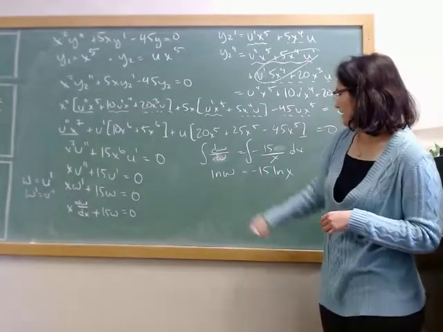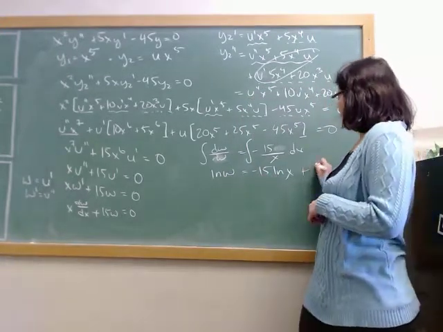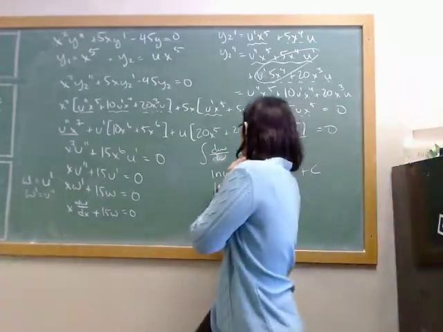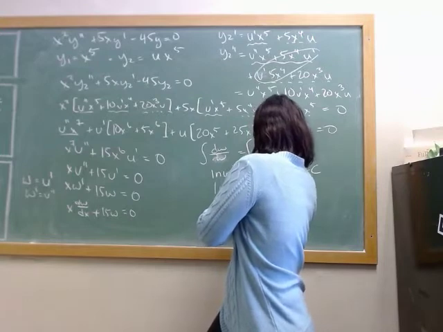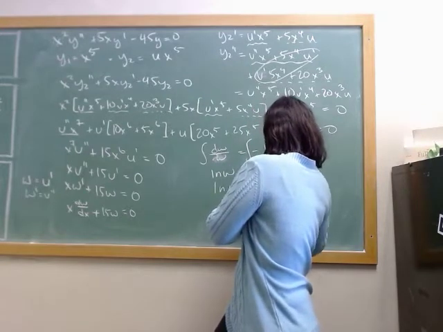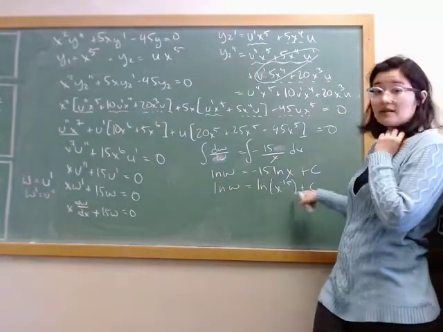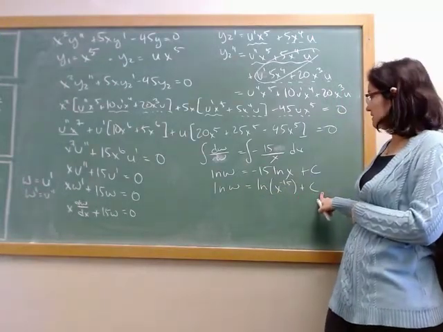So I get natural log w is equal to minus 15 natural log x plus some unknown constant. Natural log w is equal to natural log x to the minus 15 plus some unknown constant.